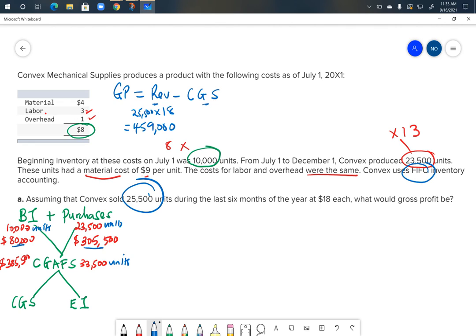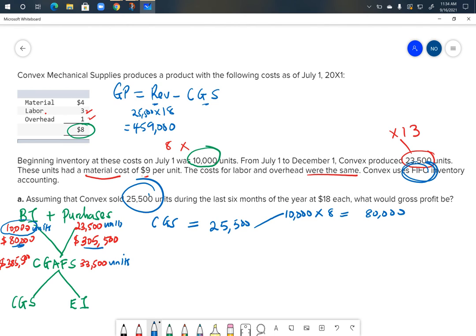We sold 25,500 units, but we are using FIFO, so we sold the 10,000 units first. The cost of those 10,000 units is 8 times 10,000, which is $80,000.